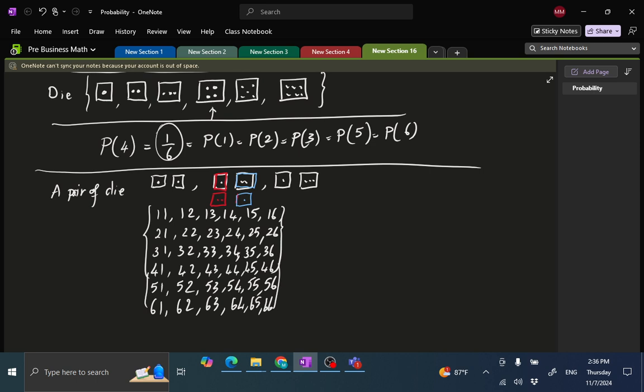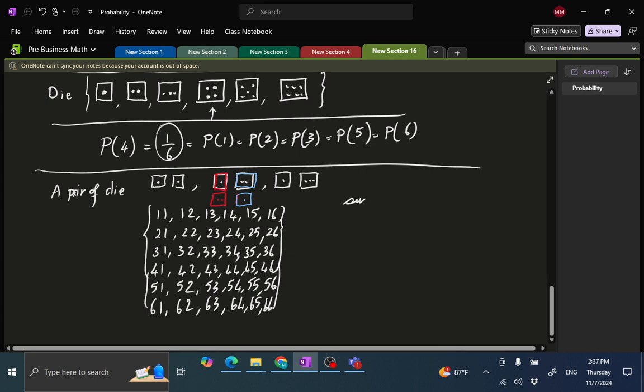Now you have to decide what you are going to do with this. If you get 1 2, what are you going to assign to that? If you get 6 6, what are you going to assign to that? We have plenty of choices. It depends on the rules of the game. How are you going to play? One rule is to go after the sum of dots.